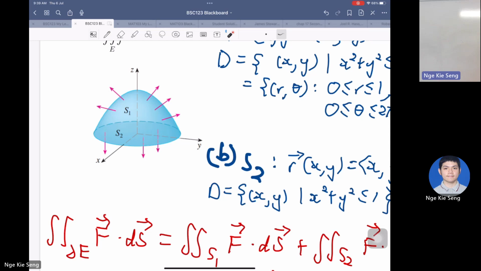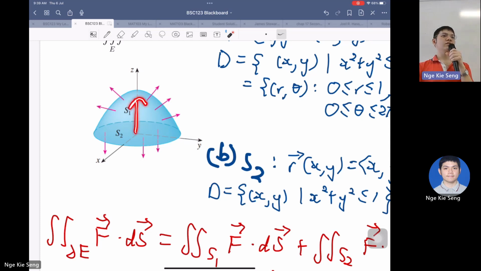So this is the key of the divergence theorem. We want outward orientation, positive orientation. You need to think of the surface as a durian, going out. Can get it or not? Because 0, 0, 1, where's the direction?